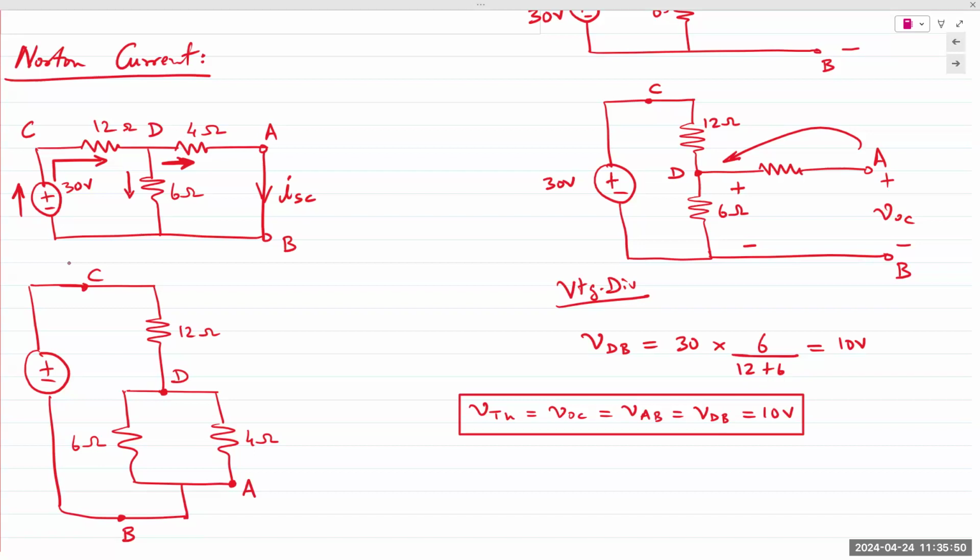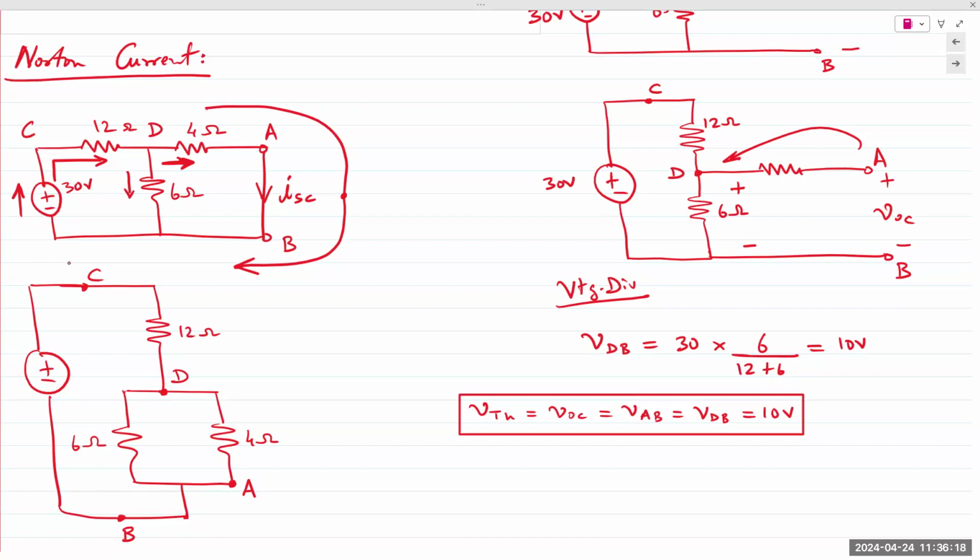What component is ISC associated with? If you take ISC, I will extend it in both directions. If I extend it here at the arrowhead, it doesn't really help me. Extend it from the tail end, and the answer absolutely is that it is associated with the 4 ohm resistor.